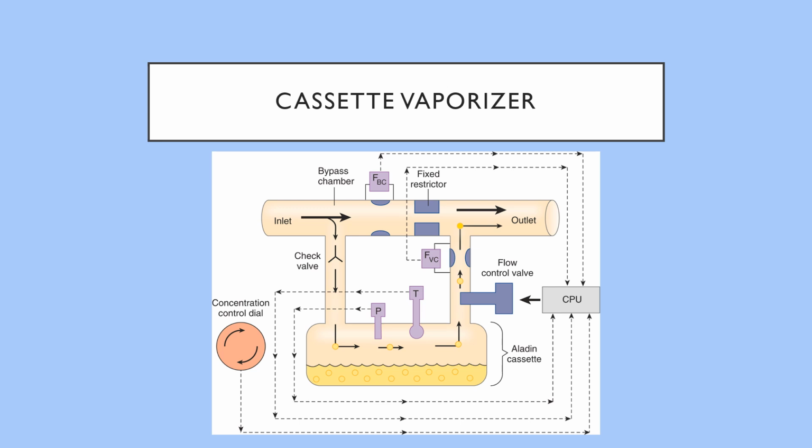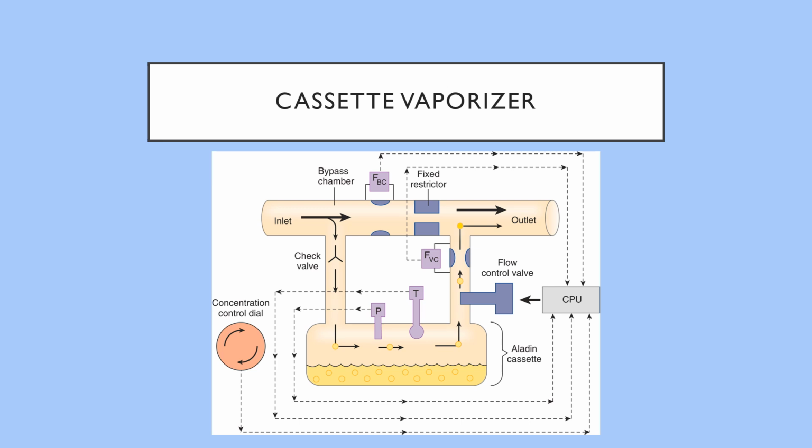In the cassette, the agent freely vaporizes to saturated vapor pressure, and a CPU modulates a flow control valve, which precisely regulates the amount of gas flowing through the vaporizing chamber to join with the bypass flow. That CPU receives input from multiple sources, including a concentration control dial, pressure and temperature sensors inside the vaporizing chamber, and flow sensors in the bypass and vaporizing chambers.